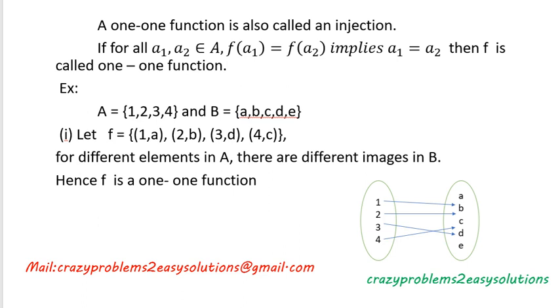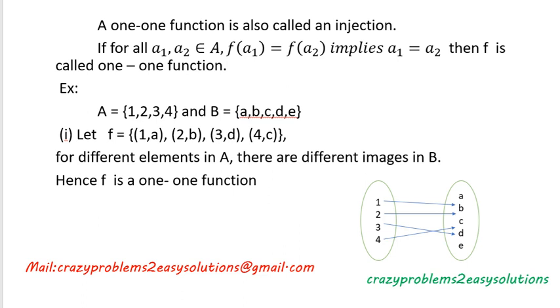We have taken two elements of the set A. If f(a1) = f(a2) implies a1 = a2, then we can say f is a one-to-one function.